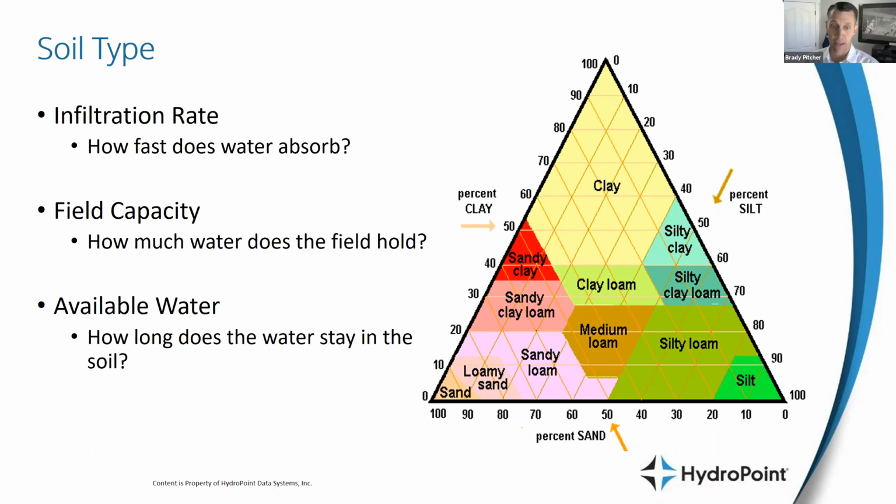And then it also has a bigger, to that bottom point right there, how long does the water stay in the soil? In sand, water does not stay in the soil for very long, whereas with clay, it stays in there for a very long time, which then, again talking about frequency, you can push your days further out depending on your soil type.